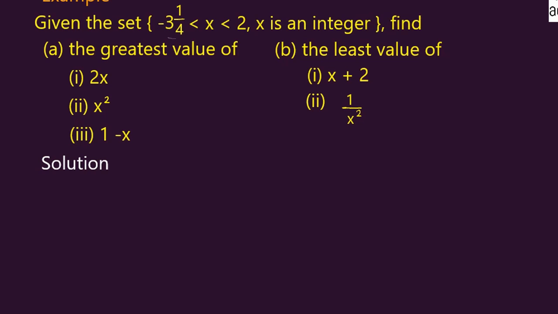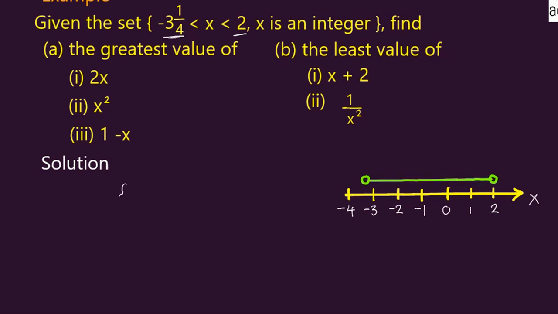You may use a number line if you want to, but it's quite easy just writing down those integer values, and these are -3, -2, -1, 0, and 1. So these are our integer values within the range.